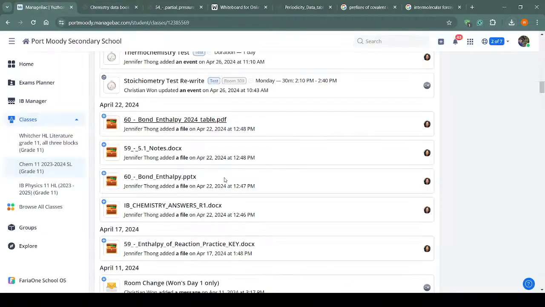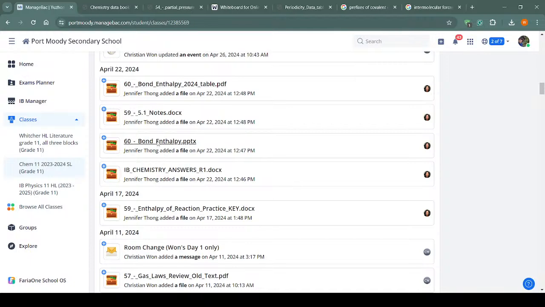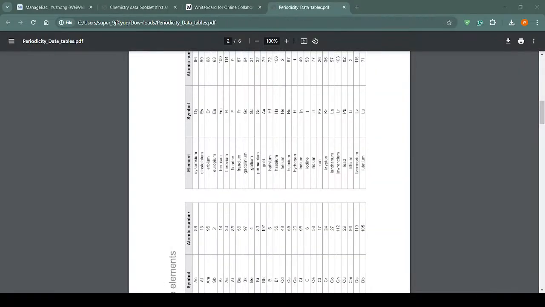We have to get the bond enthalpy data table. Measuring enthalpy changes, chemical energy.